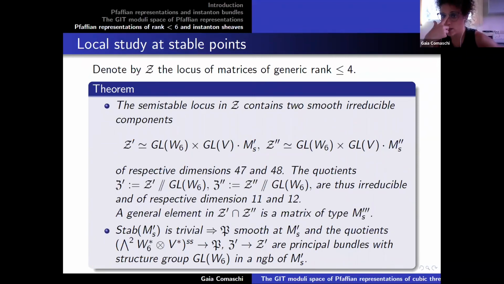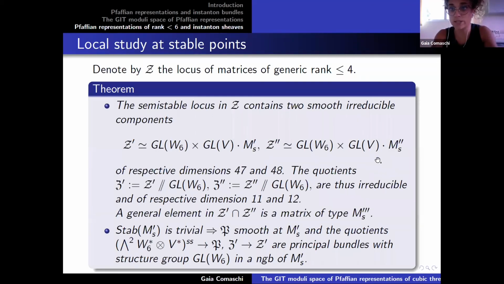If we then look at the locus of matrices that have rank less than or equal to 4, for the moment we are able to prove the following. We are able to locate two smooth irreducible components of this locus that are exactly orbits, by the action of GL6 times GL5, of matrices associated to conics and matrices associated to pairs of skew lines.